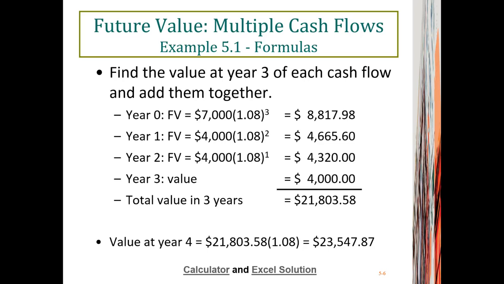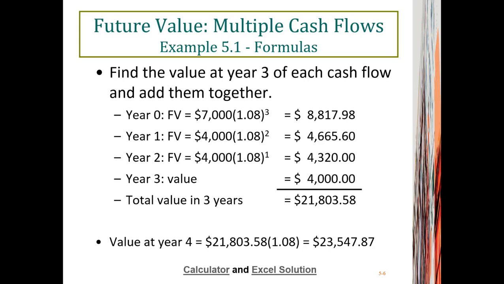Here, I highly recommend you draw a timeline so that you can understand the nature of those cash flows very clearly. It can help you determine how many times you need to compound those cash flows. And the future value of multiple cash flows is essentially equal to the sum of the future values of the individual cash flows.